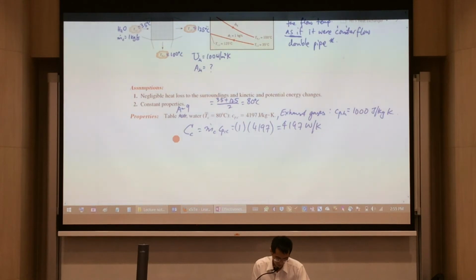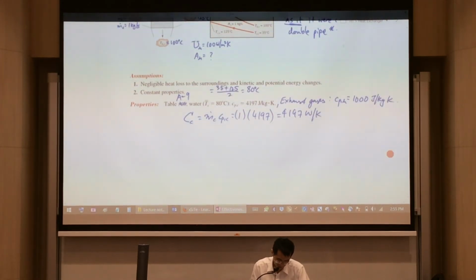We need to find C_h in order to say which one is higher and which is lower. We can find C_h by saying that Q_h must be equal to Q_c. How is this possible?